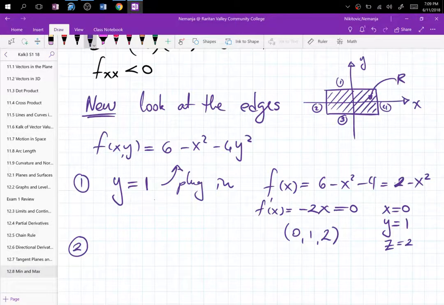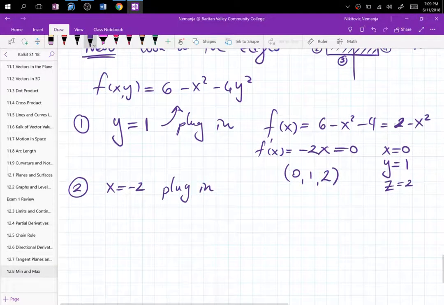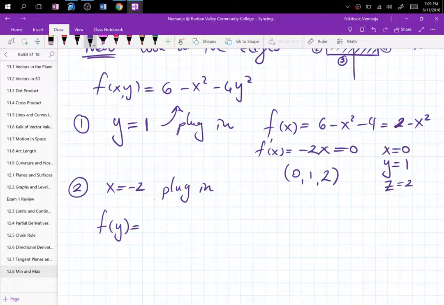Now for the second one, I have that x is equal to negative 2. Plug in. So x equals negative 2. I have that now f of y is equal to 6 minus negative 2 squared minus 4y squared.